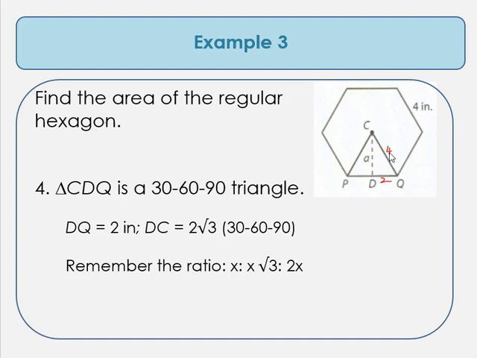So if DQ equals 2, we know that the hypotenuse here is 2x, which will be 4, and that the apothem will be 2 square root of 3. By using our ratio x, x square root of 3, and 2x, the apothem is the long leg, DQ is the short leg.